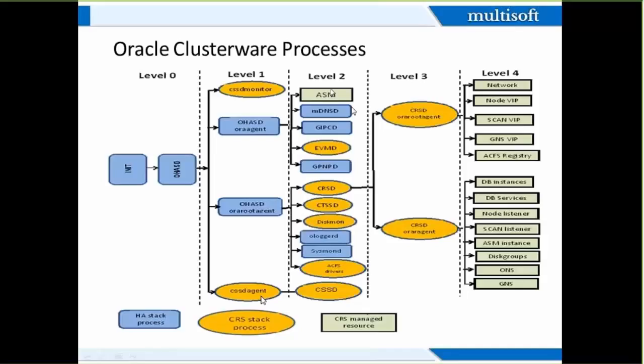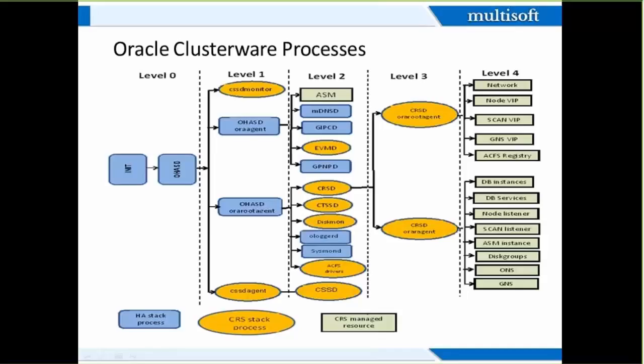And on level 2, there is another process that the cssdagent will start, that is the CSSD process. This is basically responsible for maintaining the voting disk entries. In the absence of CSSD, the cssdmonitor will take over the responsibility of CSSD.